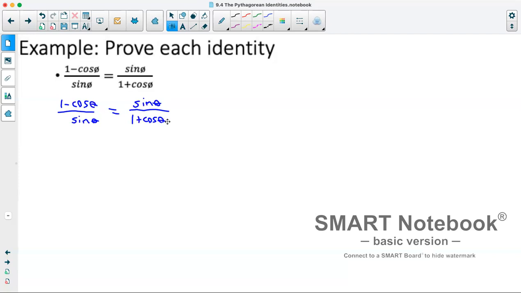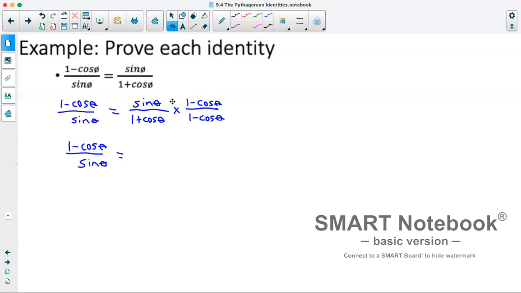On a previous page, we mentioned utilizing differences of squares to help us solve it, so differences of squares with our denominators. That means I'm going to multiply the numerator and denominator by the conjugate of this, which would be 1 minus cos theta. So I've got 1 minus cos theta over sine theta equals.